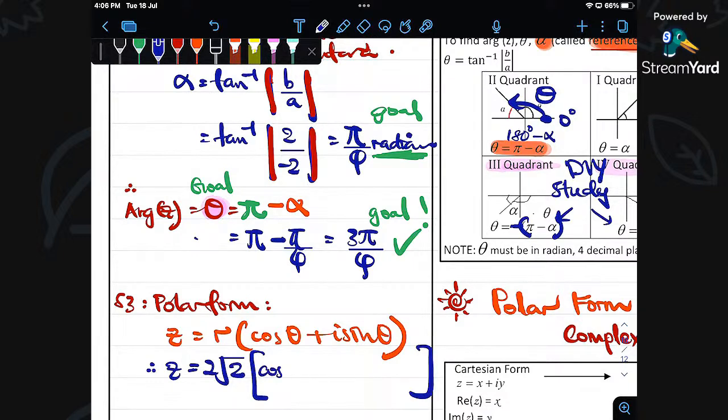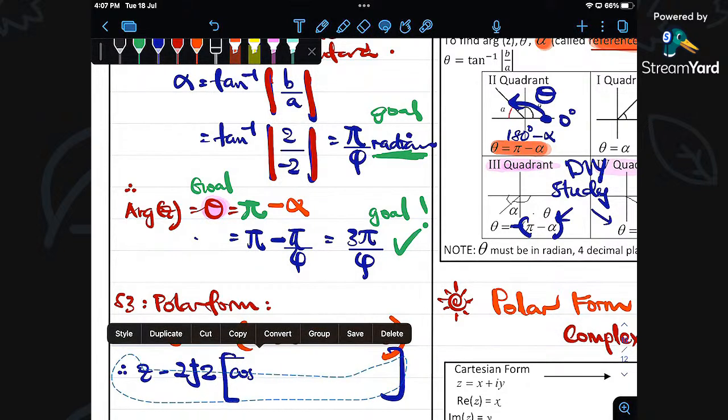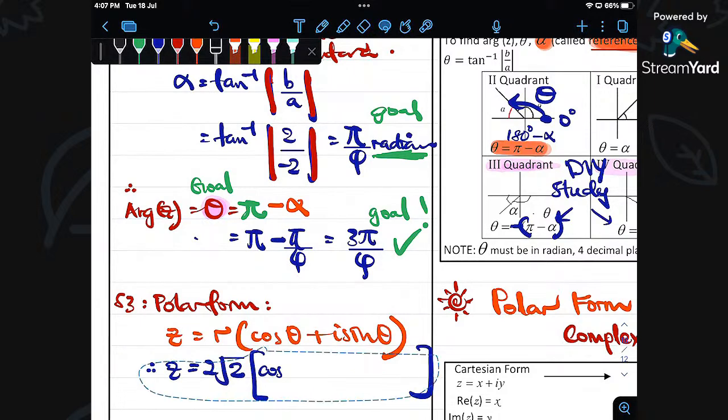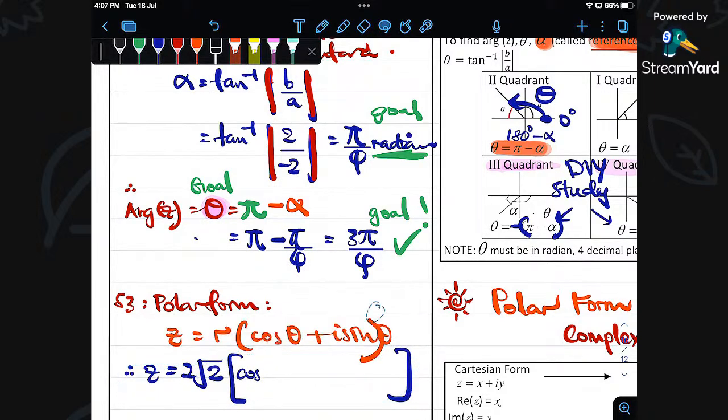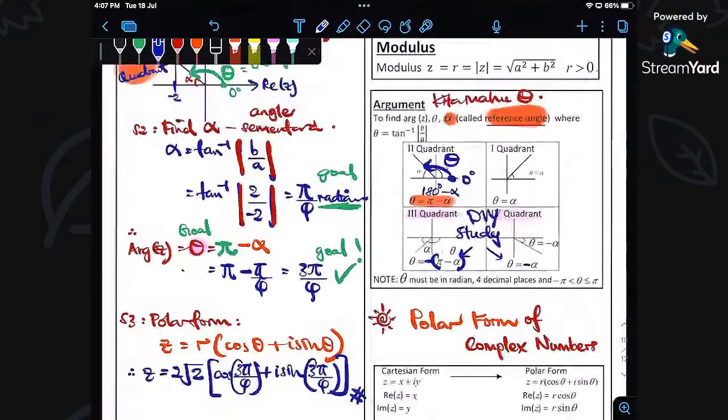Di mana the answer is cos 3 pi over 4 plus i sine 3 pi over 4. So some of us love to put bracket. Letaklah bracket. Therefore, that is the answer dalam bentuk polar form.